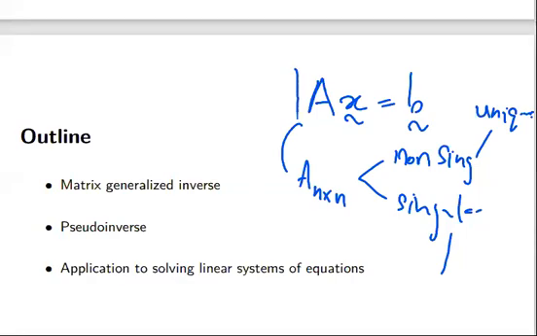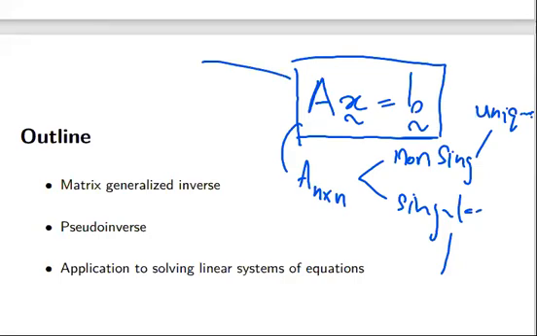So there are another two cases: consistent and inconsistent. The first case is consistent, and the other one is inconsistent, not consistent.